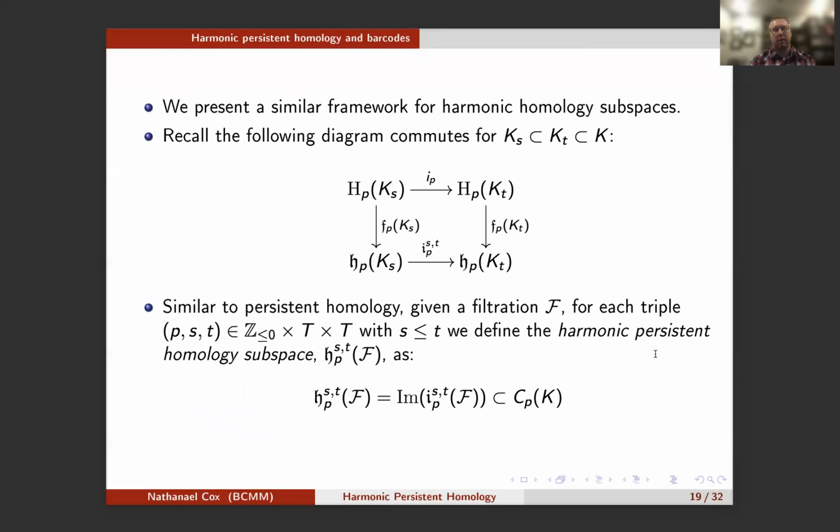And now we can do a similar construction because of the fact that this diagram commutes for any K_s and K_t. The image here of this i_p^{s,t}, we will define to be the harmonic persistent homology subspace. And again, the upshot of working with these harmonic subspaces is that they are subspaces of the chain space, and so we don't have to worry about quotients here.